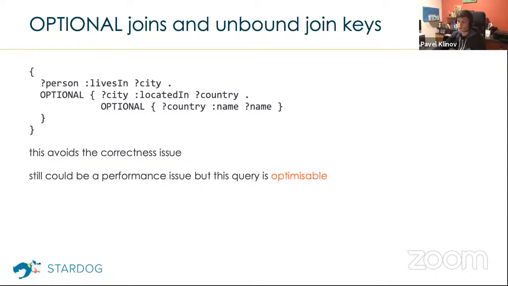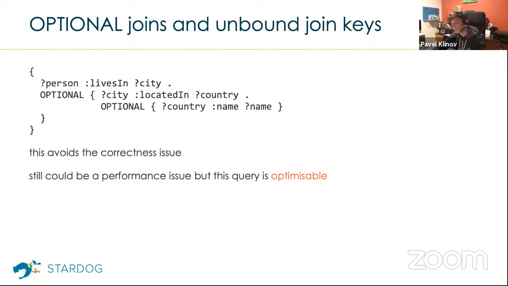A better way of writing this query would be to push the other optional inside the first one, using a nested optional. In this case, the join on the country will happen before the outer optional is joined with the lives in, and there will be no results explosion like that.